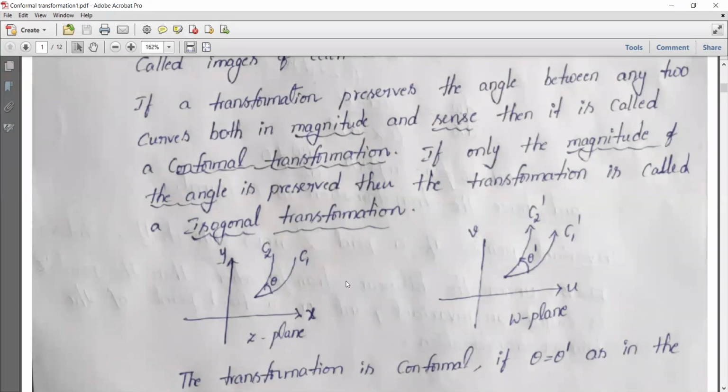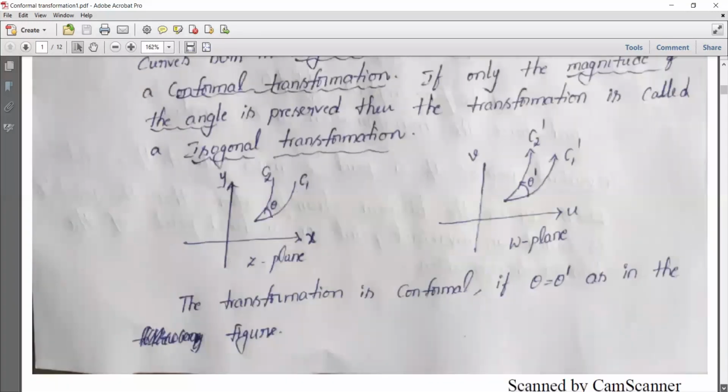That means here the direction does not change. So this transformation is called a conformal transformation. Sometimes the theta value and magnitude value are the same, but the direction will be opposite. In that case, we say that the transformation is an isogonal transformation. Any doubts?